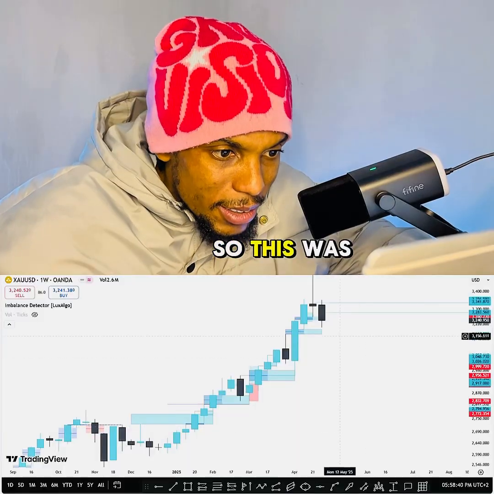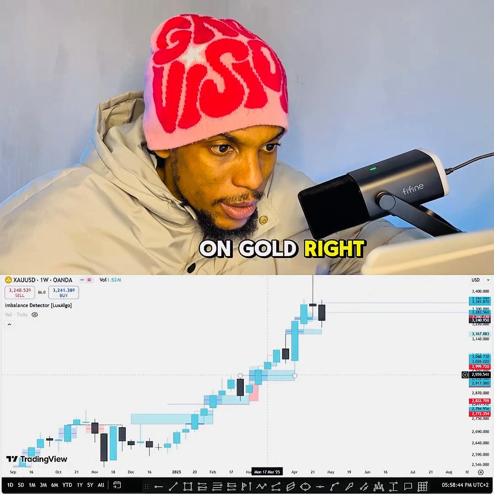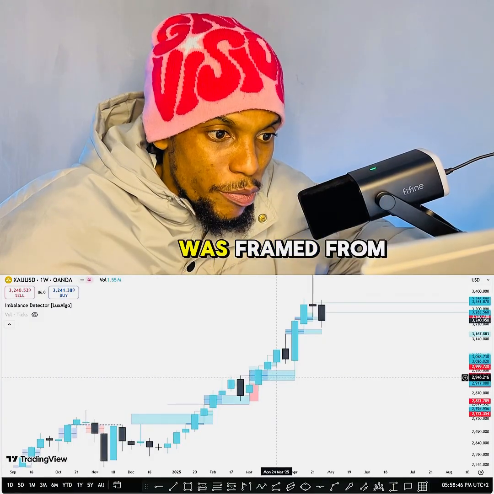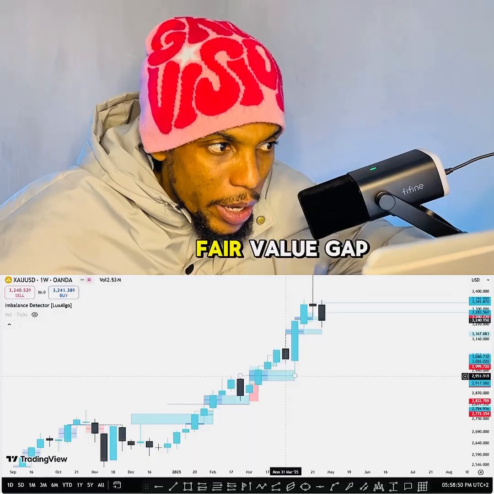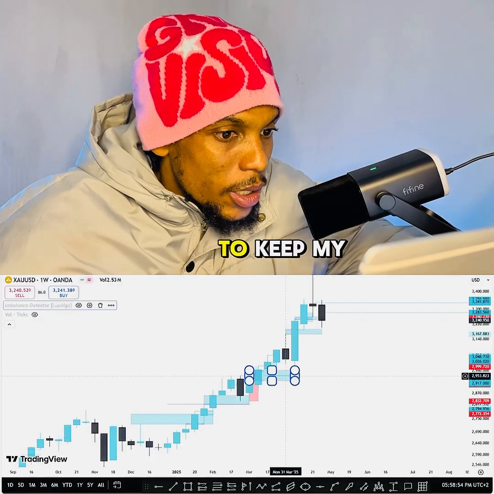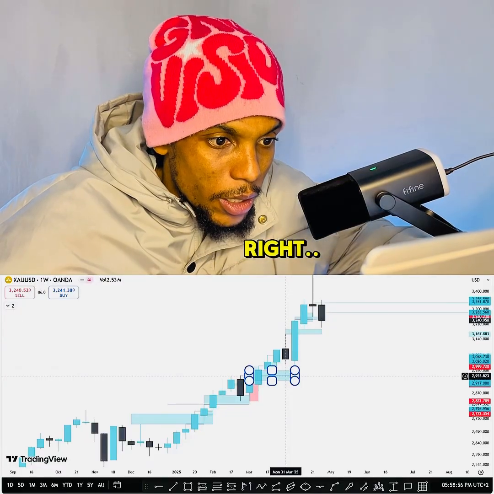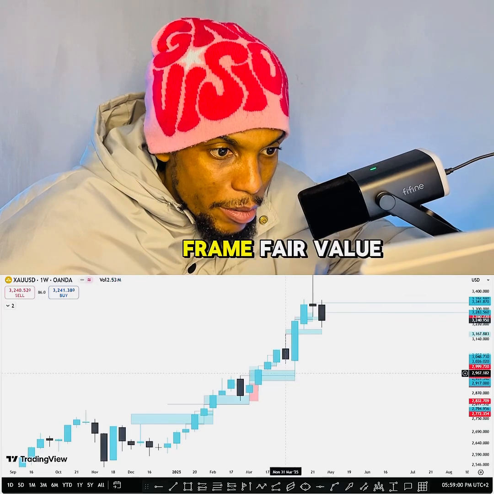So this was the trade that made me $1,000 on gold, and this trade was framed from this particular weekly time frame fair value gap. Let me put off my indicator to keep my charts clean.